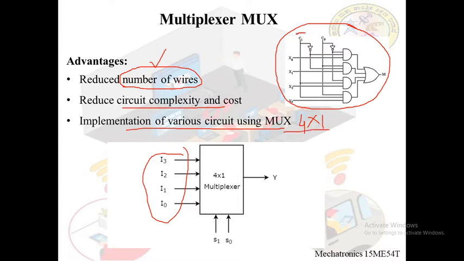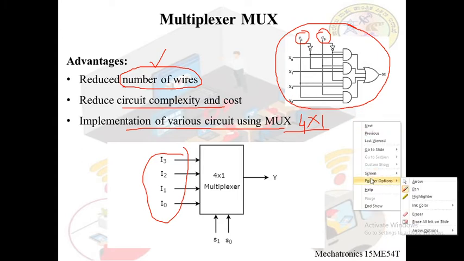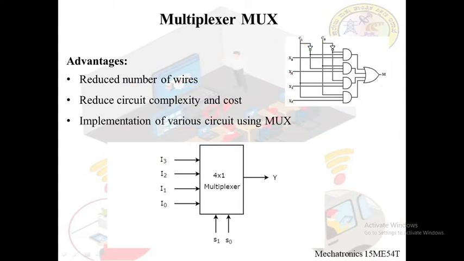Here the select variables are 2, because 2 power 2 is equal to 4, therefore 2 is the number of select inputs. Let us see how this acts as the multiplexer among different alternatives. x0, x1, x2, x3 are the various inputs. Depending on the values of C0 and C1, one value will be selected and given as the output. The select inputs are C1 and C0.